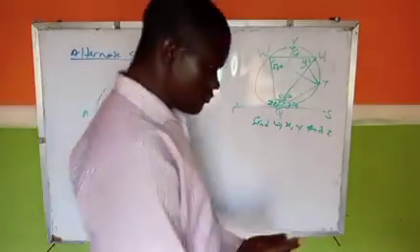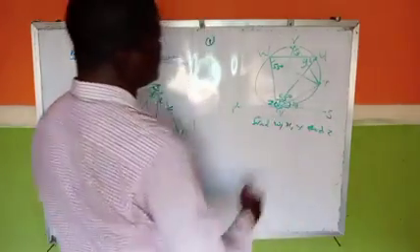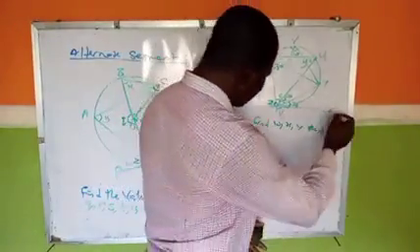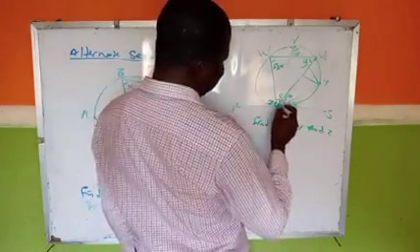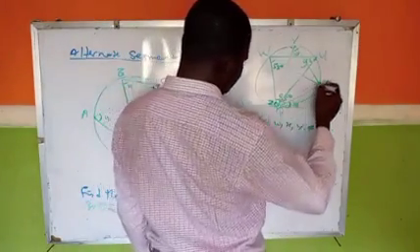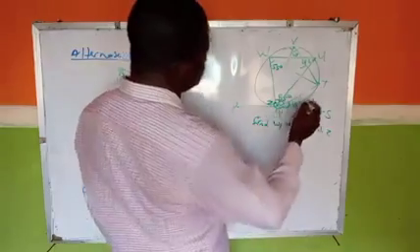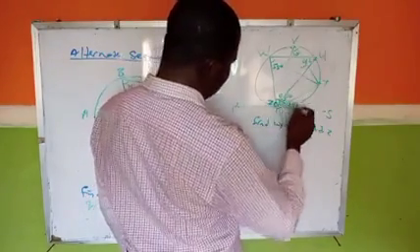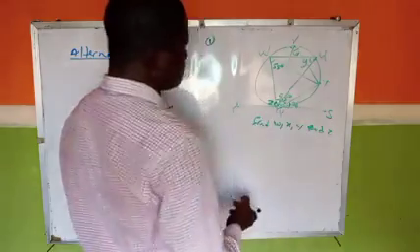Now, the theorem that we finished proving, just look at it. Alternate segment. What you are looking for is a tangent and a chord. This is a tangent and this is a chord. Now, here is another chord and then the tangent. Then you have to find the value of x.